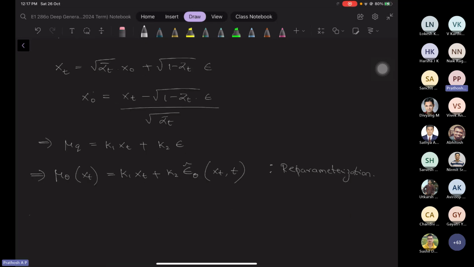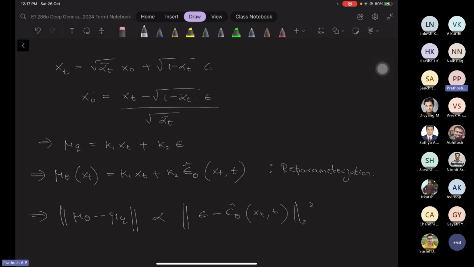Okay. So now this implies that my loss, mu theta minus mu q, becomes proportional to epsilon minus epsilon theta. Because those constants get cancelled away, no?